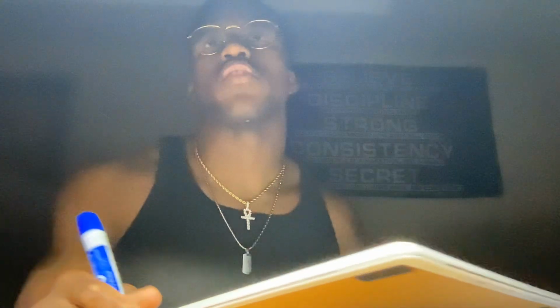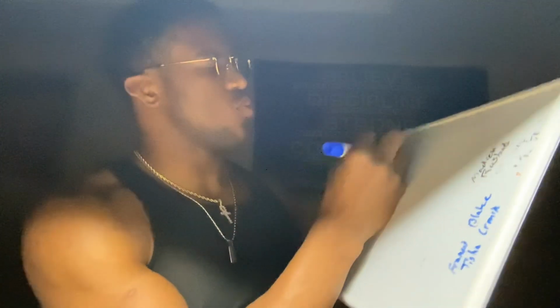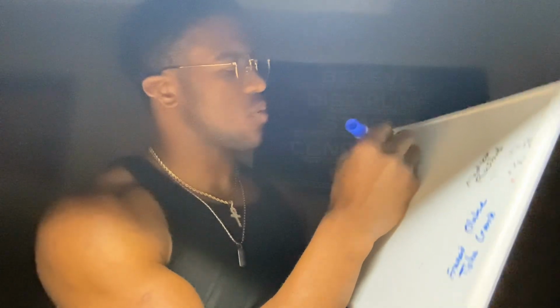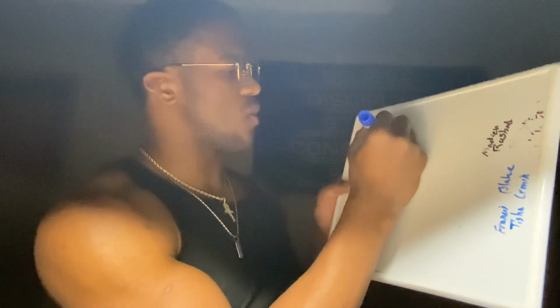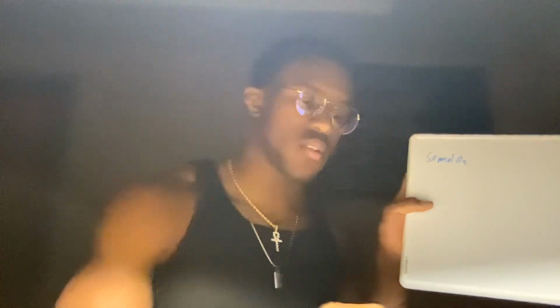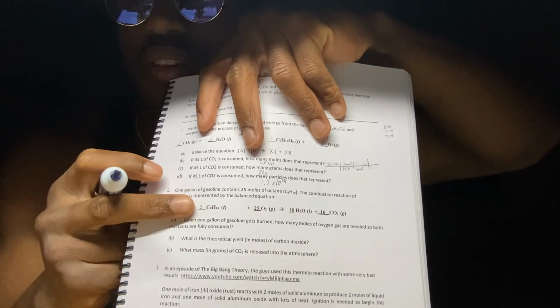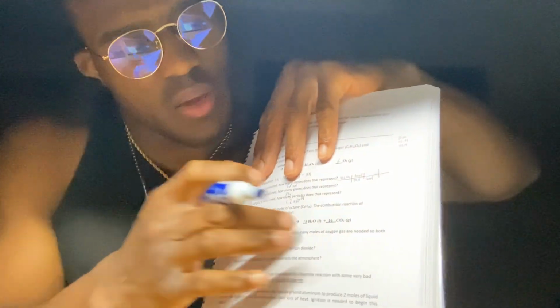So let's say I give you 50 moles of O2, and I want you to end in grams of H2O. So we start with 50 moles of oxygen.